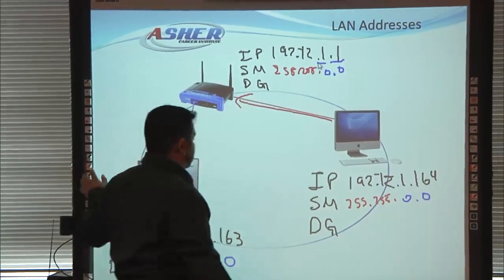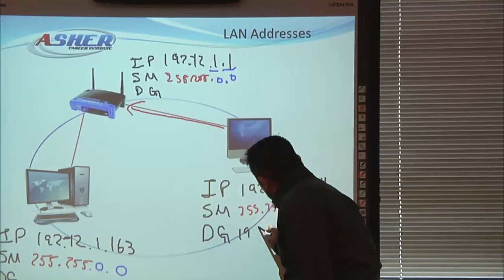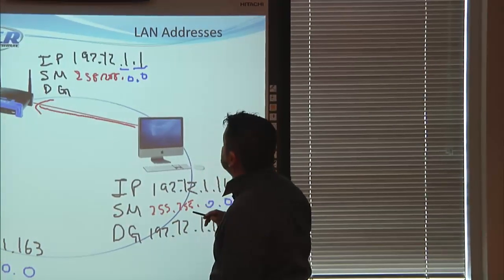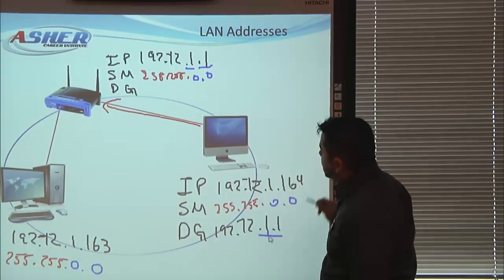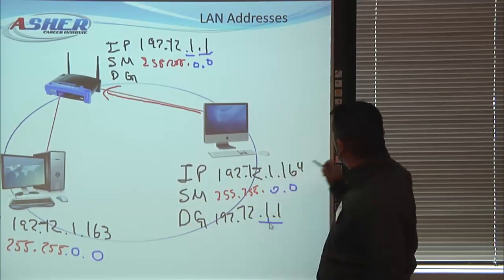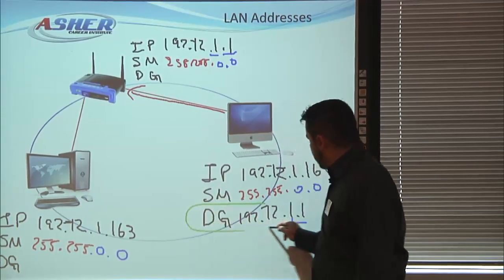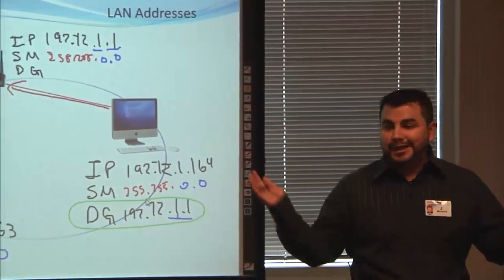So 192.72.1.1, that's it. So that makes him the default gateway. What does the default gateway mean? What's the purpose of this guy? Way to get to the internet. Plain and simple terms, that's all it means.